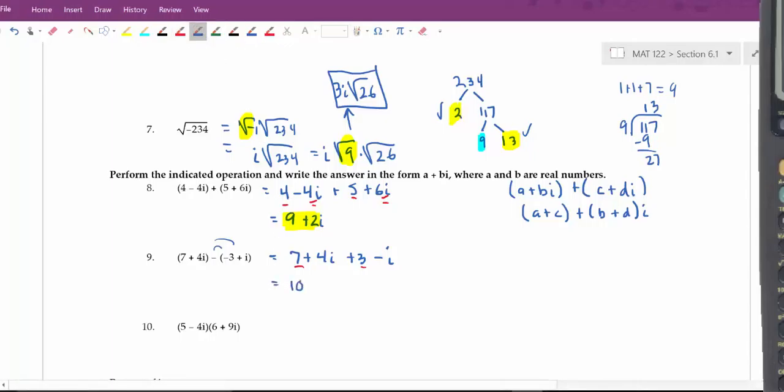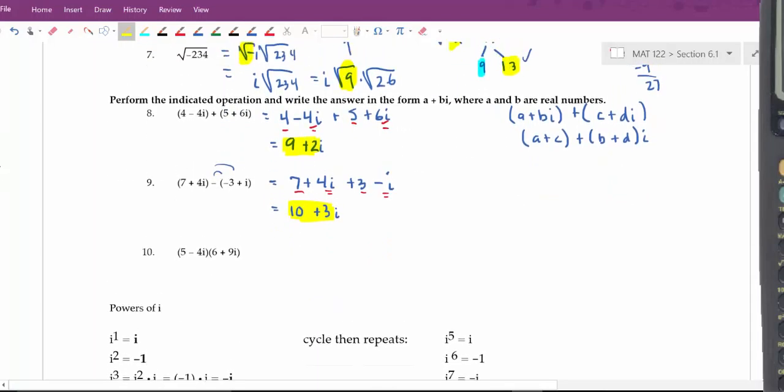So I've got 10 here, and then 4i minus i is going to be plus 3i. So I can write this as 10 plus 3i. Okay. So 10 plus 3i would be the result of those two complex numbers. So that's very simple. Just think of that like combining like terms.